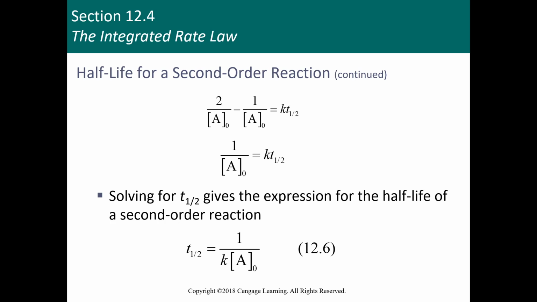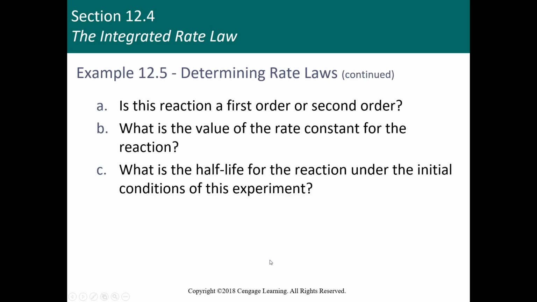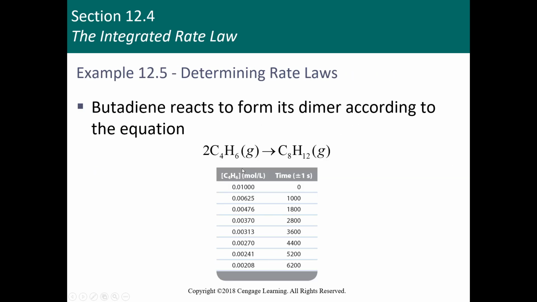If we then look at a second order reaction, half-life is inversely related to the initial concentration, right? And so what does that mean? Well, that means if we look here, let's look at halving. So halving is somewhere in between here, right? So like 1,500 at least, right?